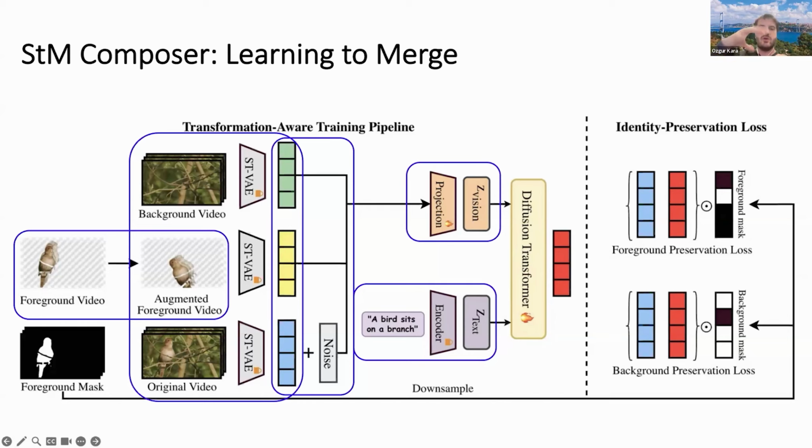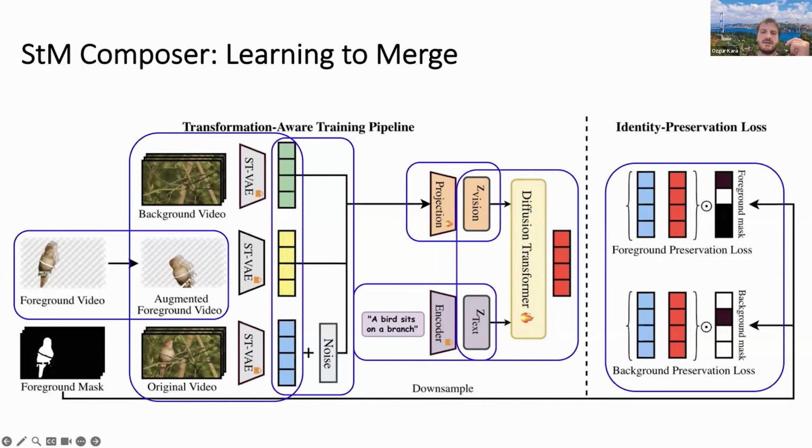We feed all these latents together and project them to the sequence of Z vision, or the latents of the visual tokens. And we feed these tokens together into a diffusion transformer model and predict a latent output.